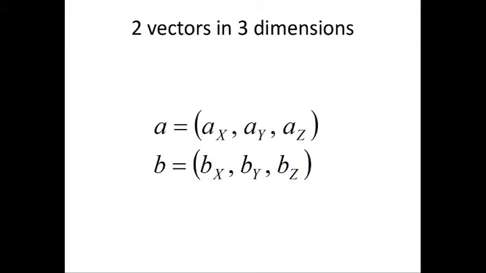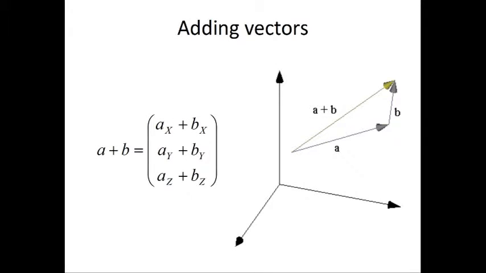So to begin with, we'll give two vectors here in 3 dimensions, which we're going to use for a few definitions here, or calculations that we can do with vectors. To begin with, we can take a vector and we can add another vector to it.